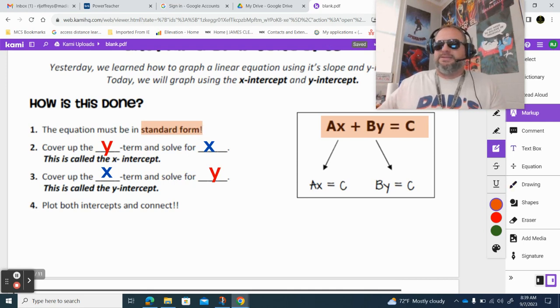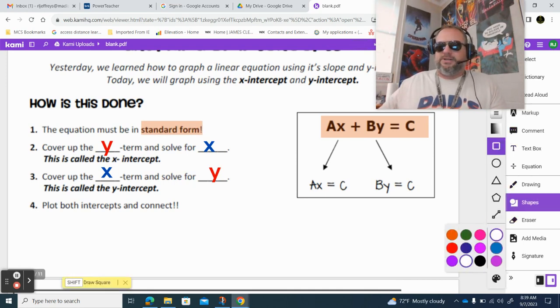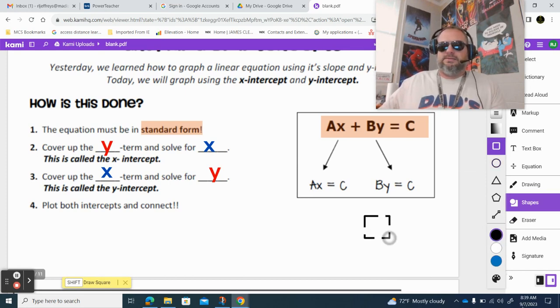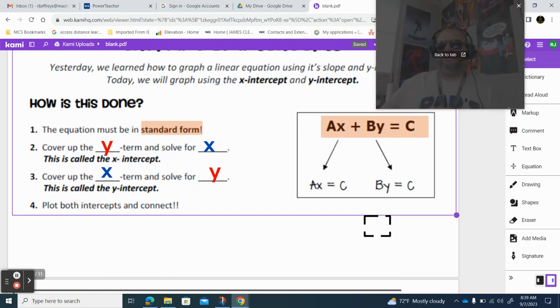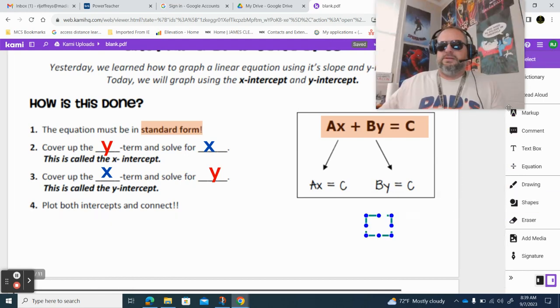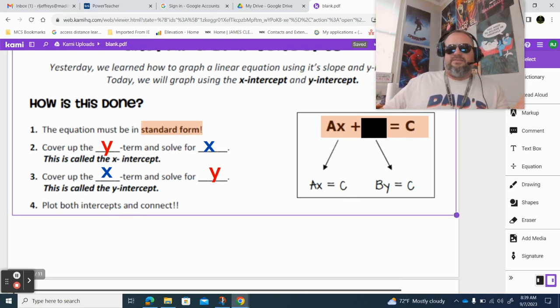That's our standard form. All right, standard form, we cover up the y to solve for x. So let's think about this. This is kind of difficult for some of y'all. I need y'all to think. All right. So if we cover up the y value like this, we now just have like ax plus c.